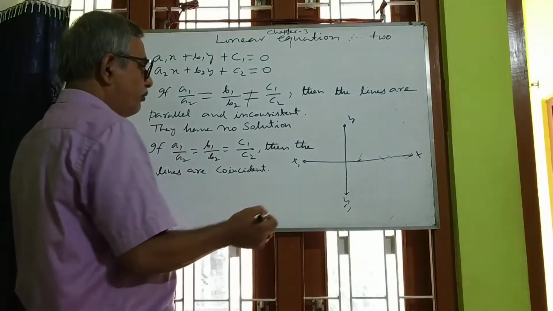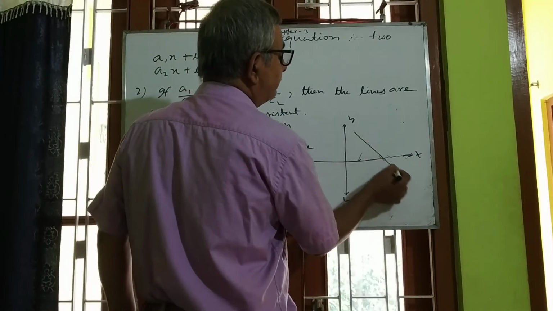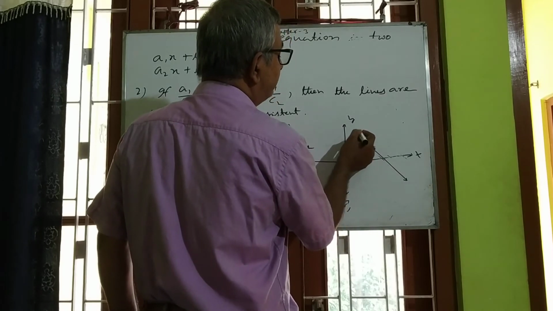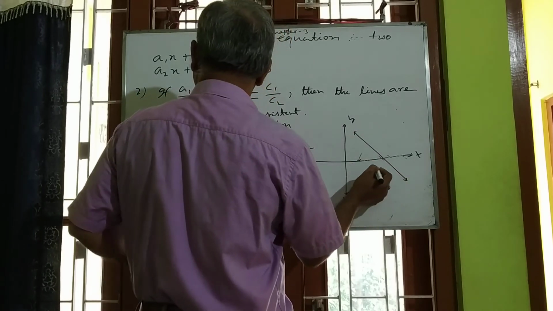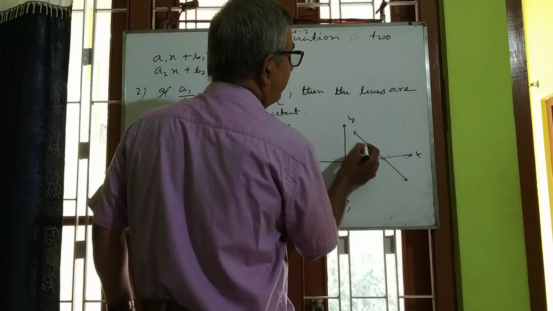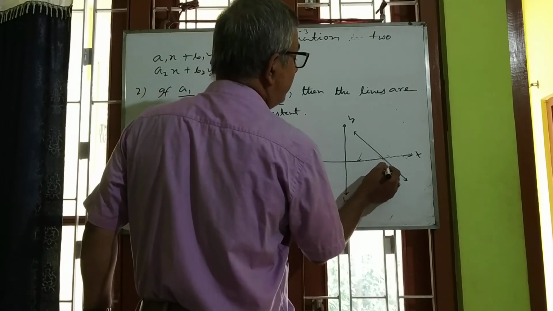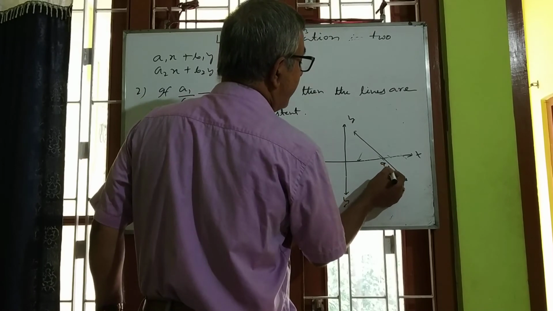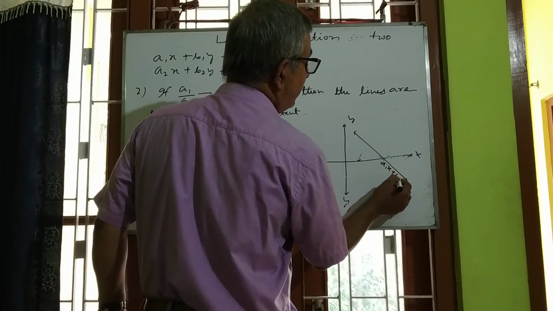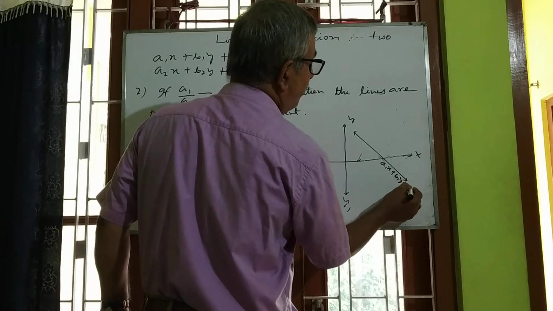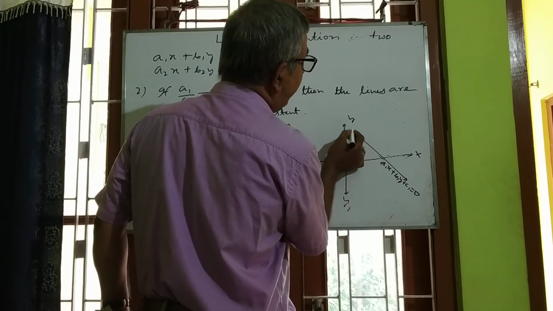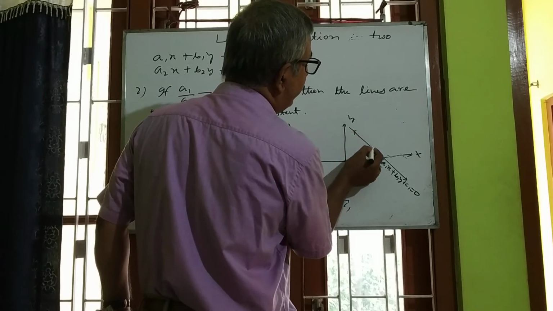Suppose you are drawing one line. This is a1 x plus b1 y plus c1 is equal to 0, and another line also lies on this line only.